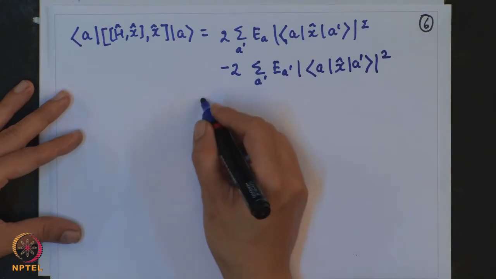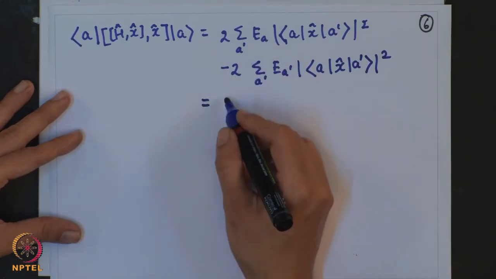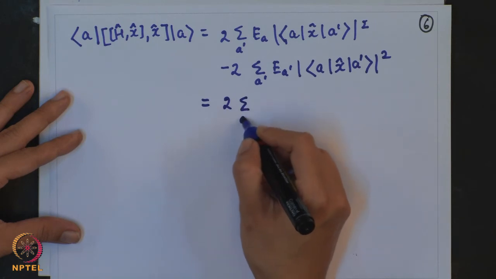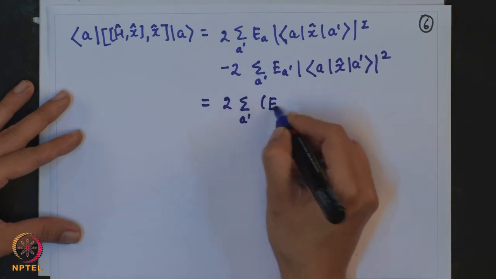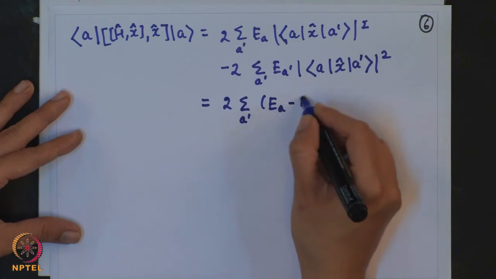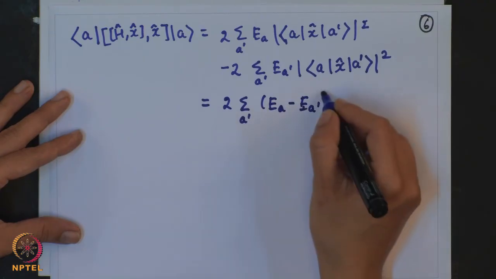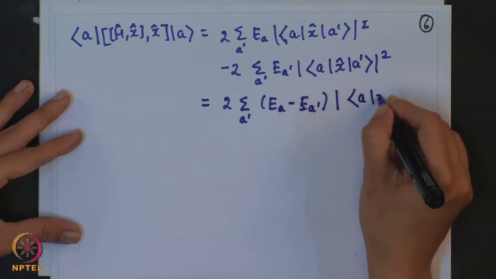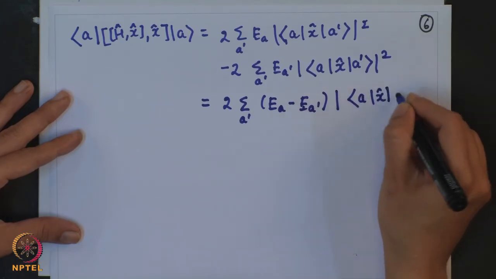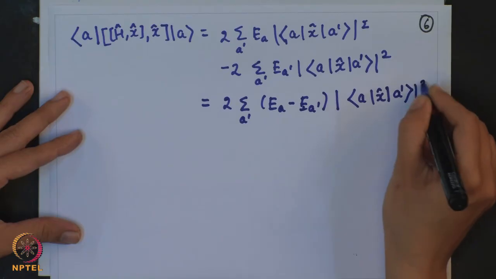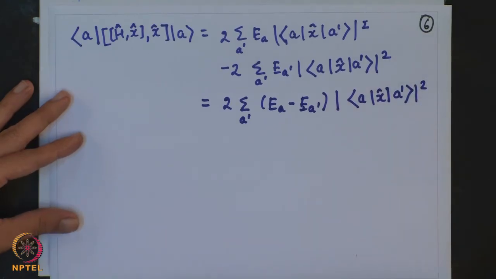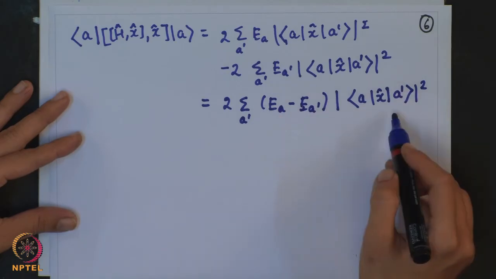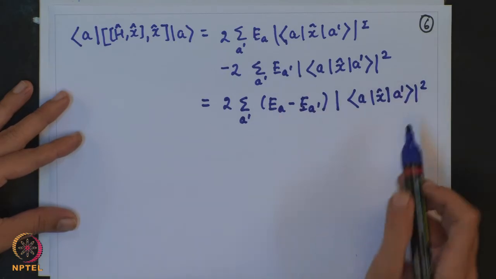Correct? I will just rewrite it, or just simplify it to E A minus E A prime times the square term. Correct.